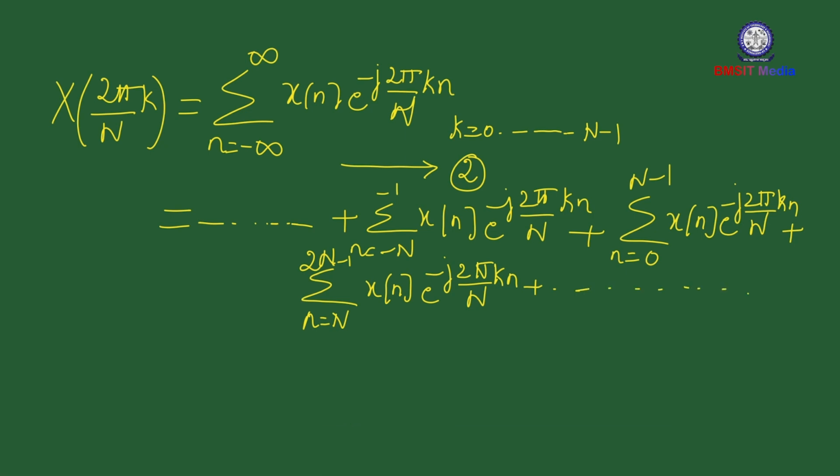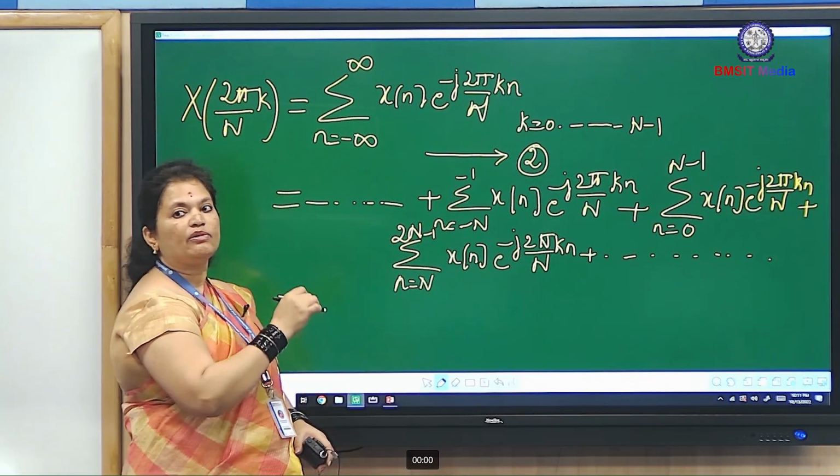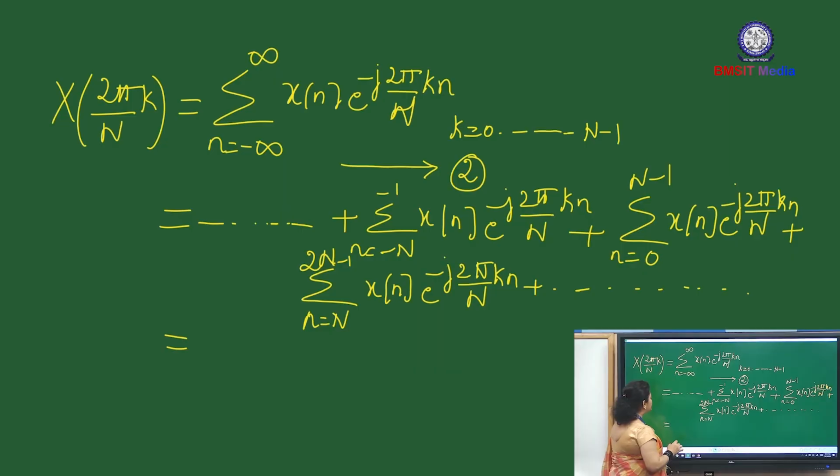Now this can be further simplified like this. So I have infinite summations in this duration, so why do I have to write all the summations? What I can do is use a summation with an index. I'll use a summation with an index l, which varies from minus infinity to plus infinity, and I have this summation which has N samples.